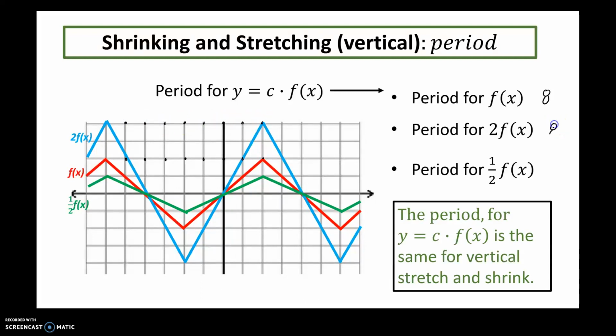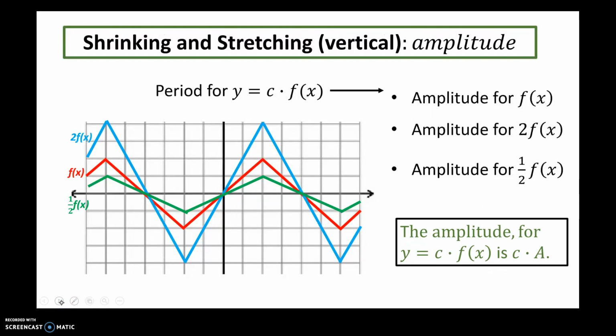Notice that my period, and the notes are here, is the exact same for any vertical stretch or shrink. Because if we're stretching or shrinking on the y-axis, I'm not affecting my x values at all. And it's the x values that determine the period of the function. So no matter what the value of c is, my period, how long it takes for a cycle to repeat itself, is always going to be the same.